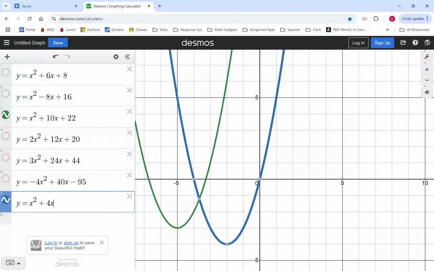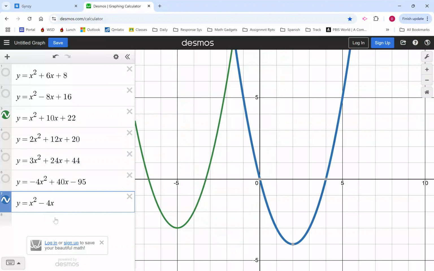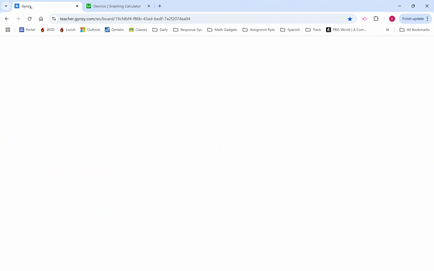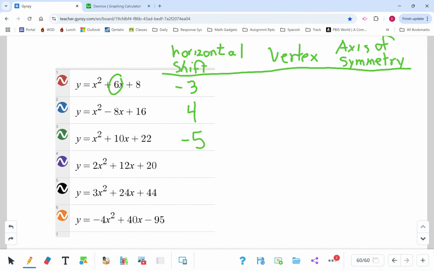So half of the middle number, made the opposite. Looks like it worked. What if I make it negative? Oh, yeah. See, now it's shifted 4 to the right because half of -4 is -2, but make it the opposite, you get +2. So when I'm doing this in class, I let my students get really convinced that that's the pattern. And then I say, let's look at the next one.